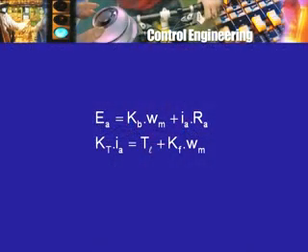So for that, let us write down the two equations once again. The applied voltage EA is equal to KB into omega m plus IA into RA, and the torque equation is KT into IA equal to the load torque TL plus the frictional coefficient Kf into omega m.